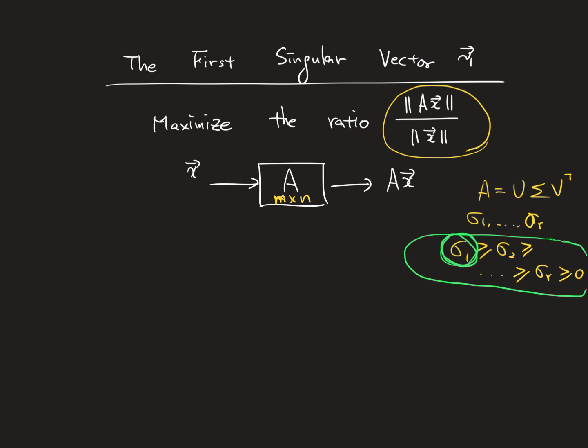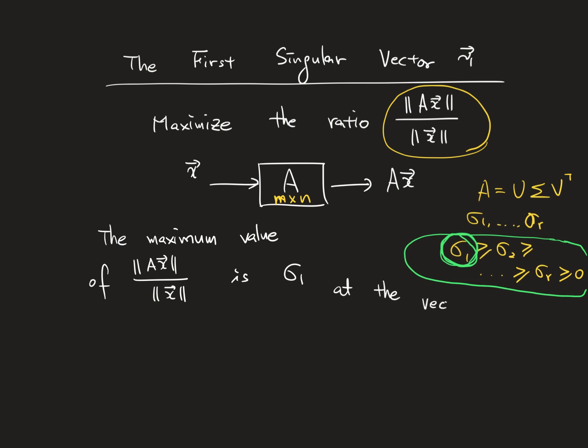We want to find the input x vector, which will be the first singular vector of V. So the maximum value of the norm of Ax divided by the norm of x is sigma 1, the first singular value, at the vector x equal to v1.